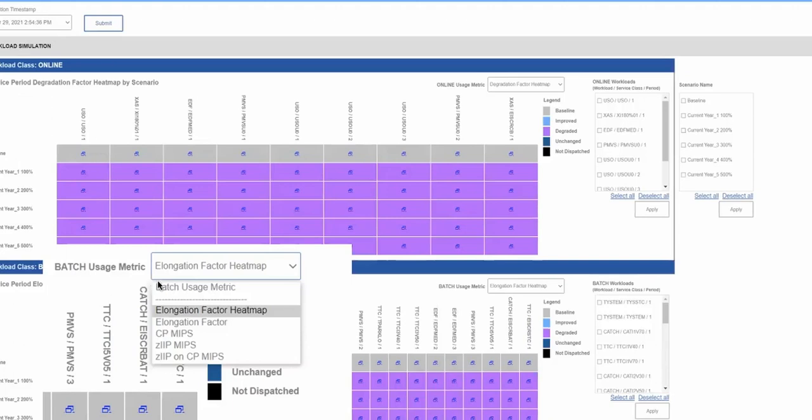And then you can drill down into other particular reports to look at what the overall impact is. Is the degradation at a point where there is something you need to do? At what point does the batch workload extend beyond where it's actually going to start impacting online workloads within that system as well?